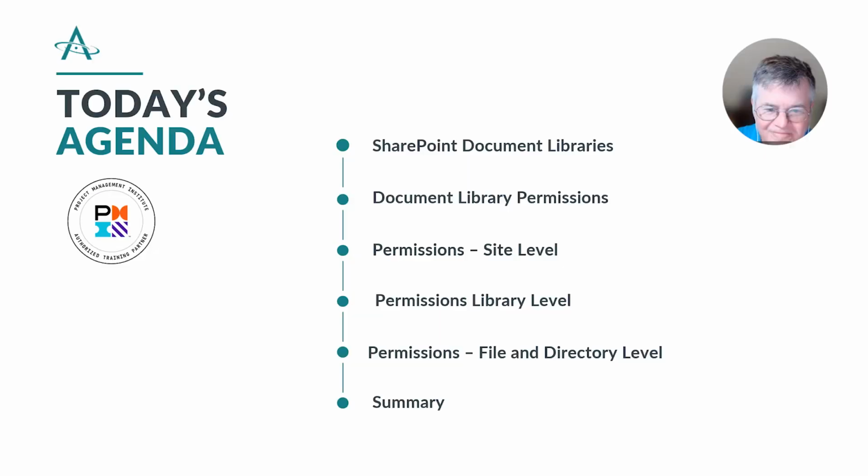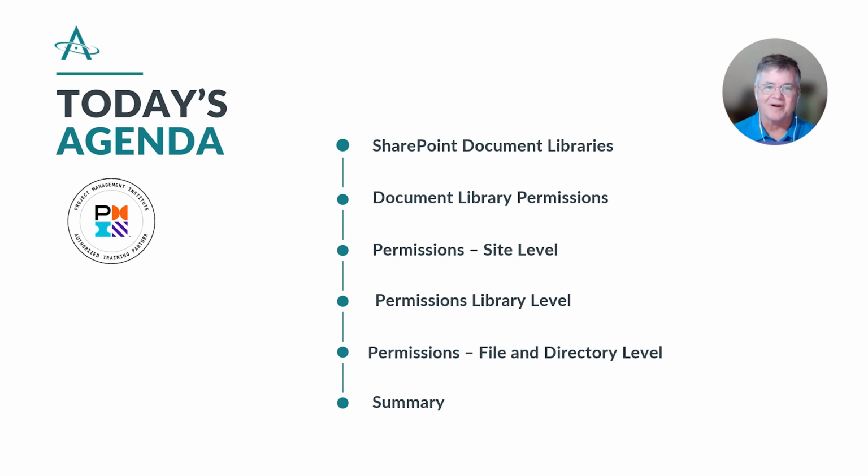So, all right, let's jump to today's agenda. Today's agenda, like I said, is about SharePoint document libraries. So we're going to first dive into a little bit about SharePoint document libraries. We're going to talk about what they are and how you may see them and find them. Next after that, we're going to talk about permissions.